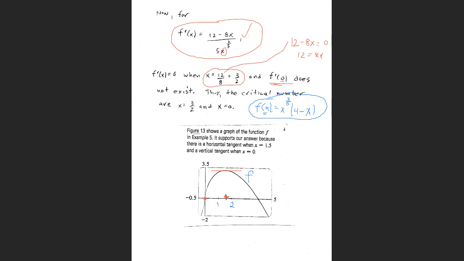It's undefined. Okay, so you have two critical numbers. x equals 0, the vertical tangent there, and a horizontal tangent when x is 3/2. So x equals 1.5 and x equals 0 are critical numbers.